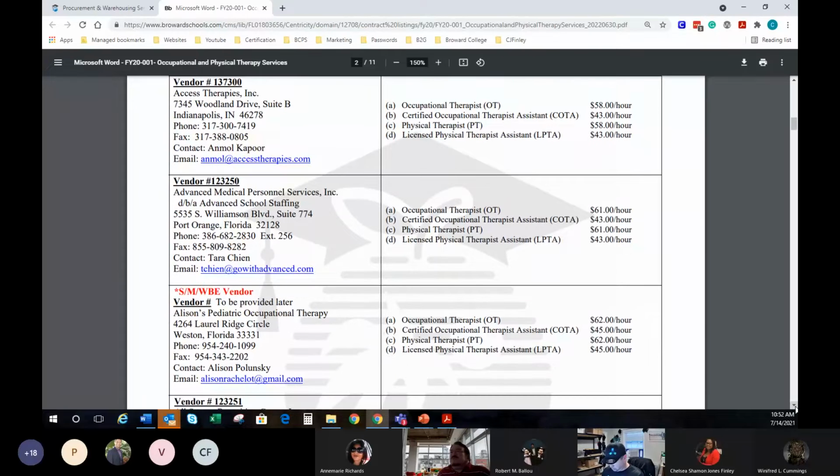This gives you the information of the vendors who were awarded contracts and their pricing per hour. This is a good example to look at before you submit a proposal, so that you know your pricing will be competitive with the other vendors.